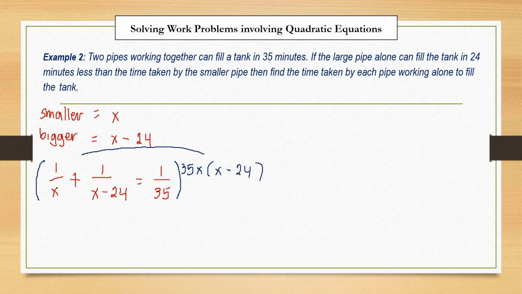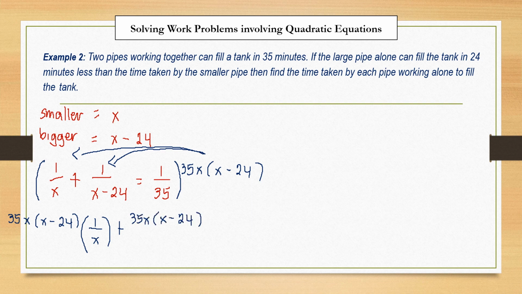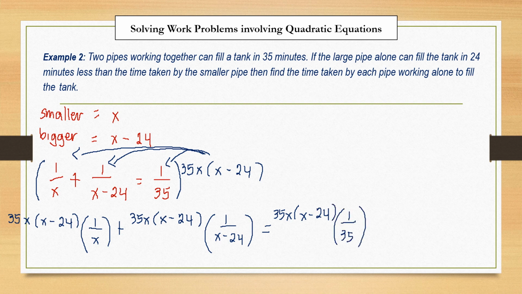By distributive property, we have 35x times x minus 24 times 1 over x, plus, multiplying by the second term, 35x times x minus 24 times 1 over x minus 24, is equal to 35x times x minus 24 times 1 over 35.